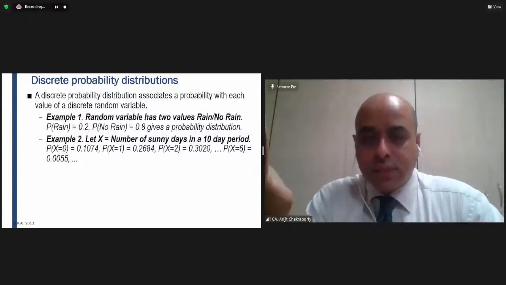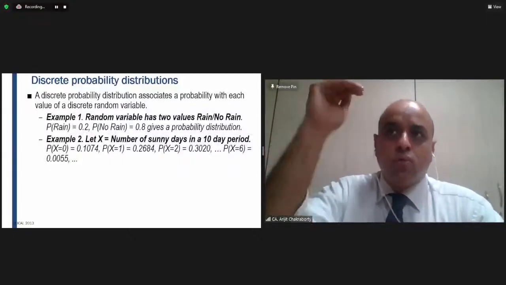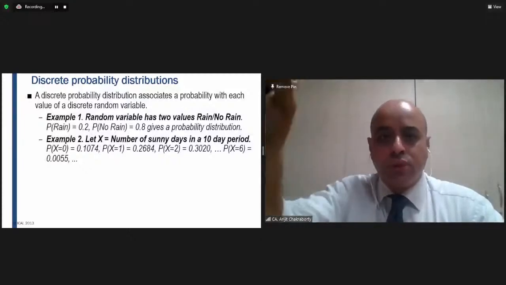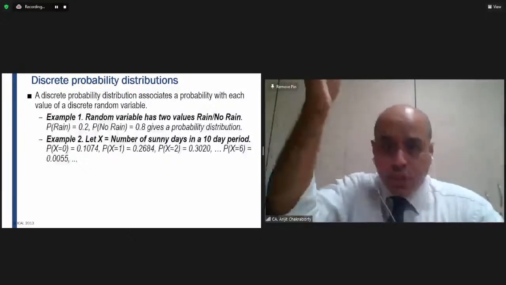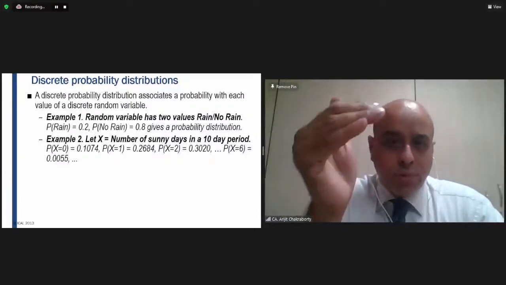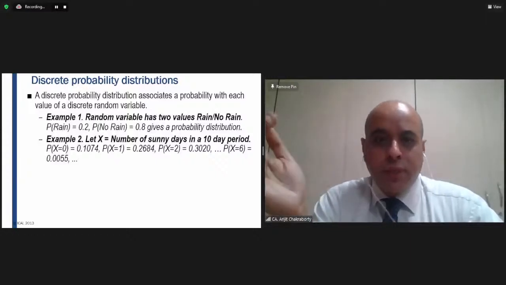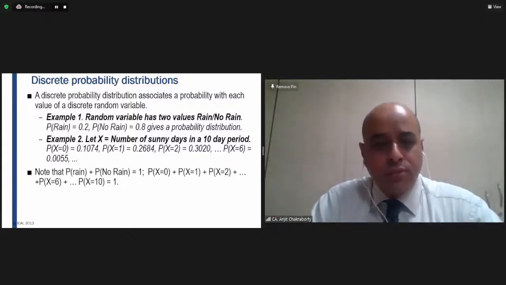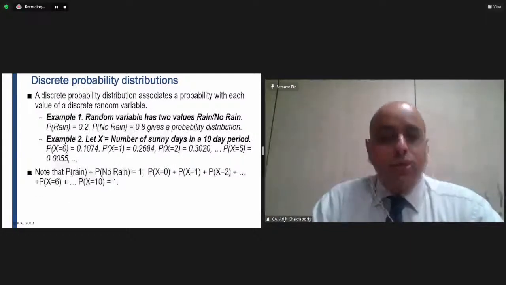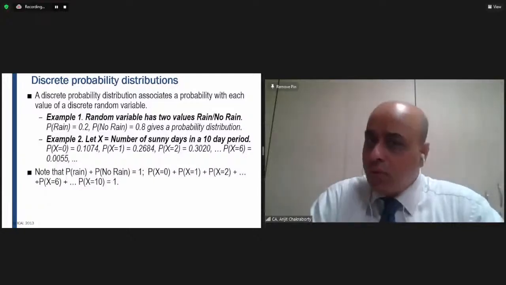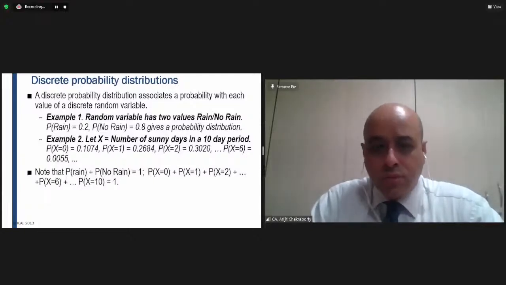Like we were discussing about number of defectives: 1 defective, what is the probability? 2 defective, what is the probability? This chart which we are creating, number of events and the probability, gives us a probability distribution. The total probability in that case will always be equal to 1, no doubt about it.